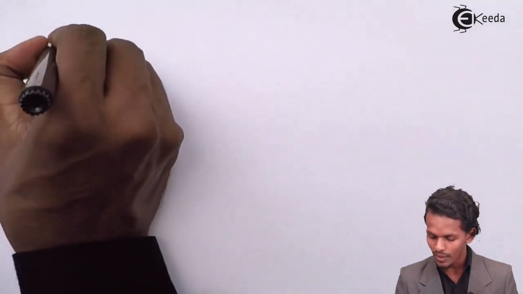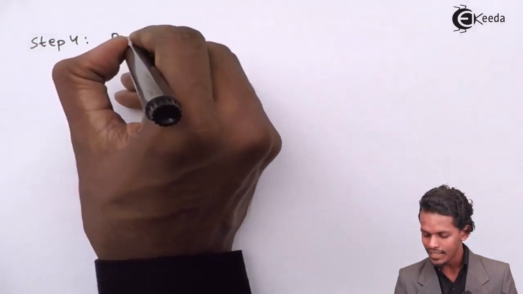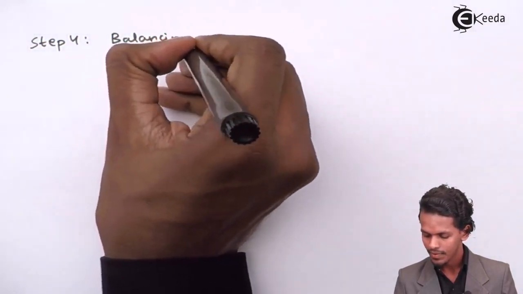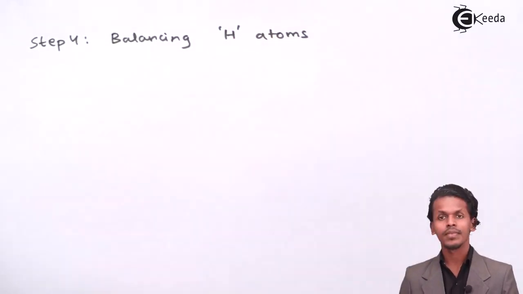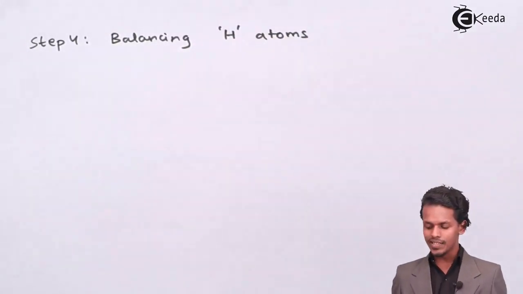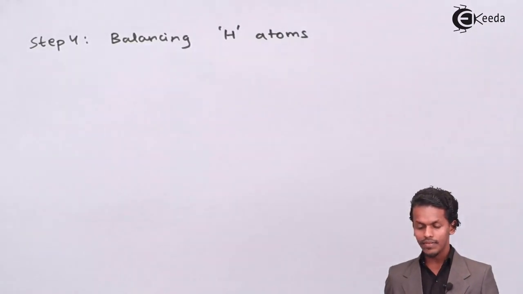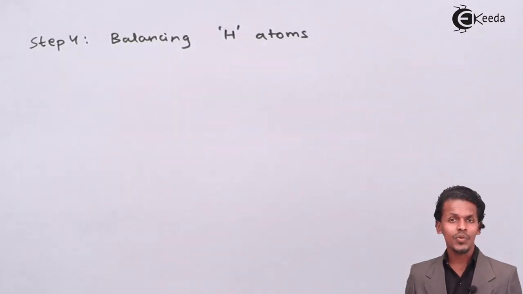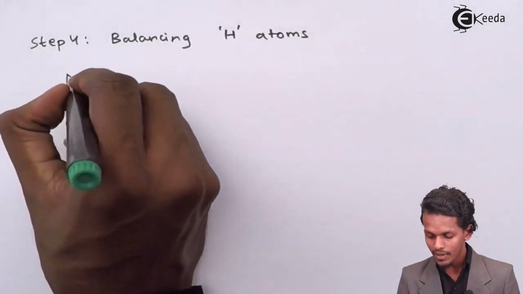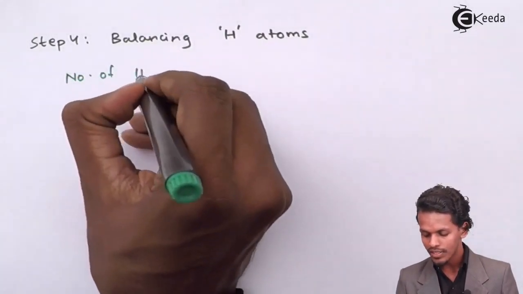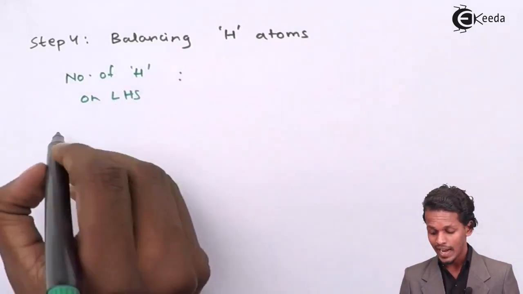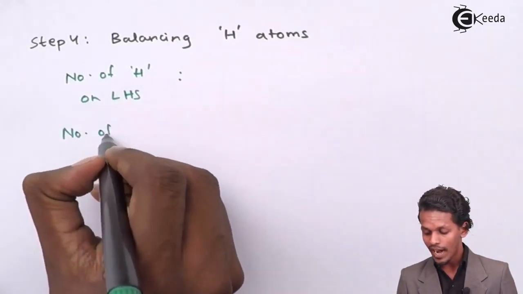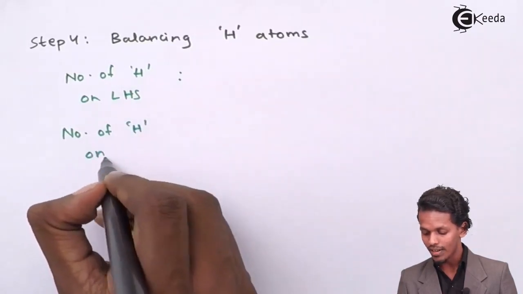So step number 4 will be balancing hydrogen atoms. So in this case if we balance the hydrogen atoms, we will get the same equation, but the number of hydrogen atoms on left hand side should be calculated first, as well as the number of hydrogen atoms present on right hand side.